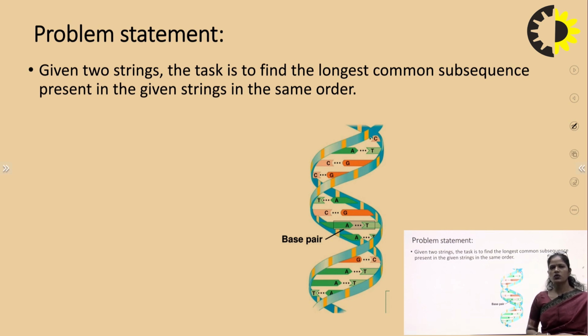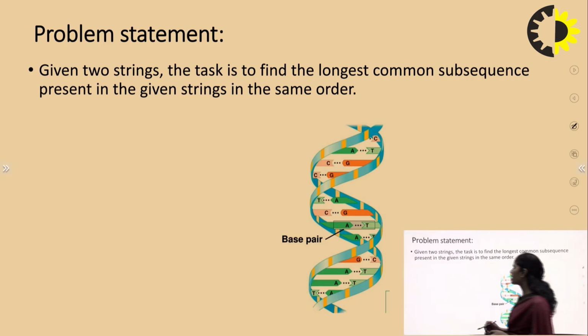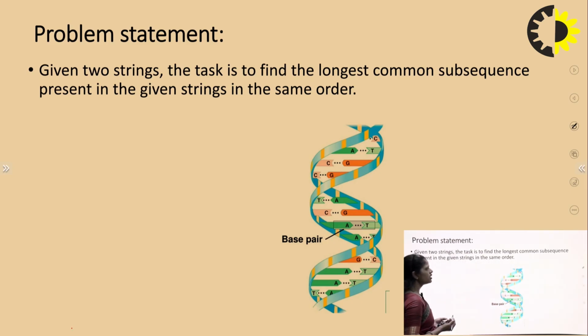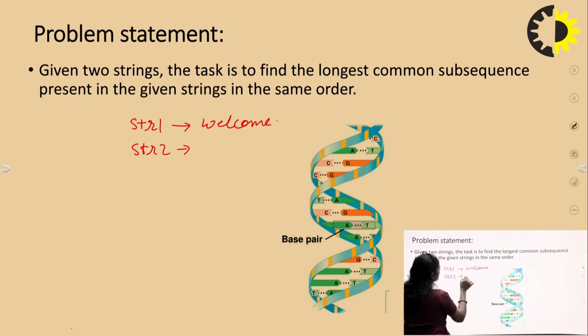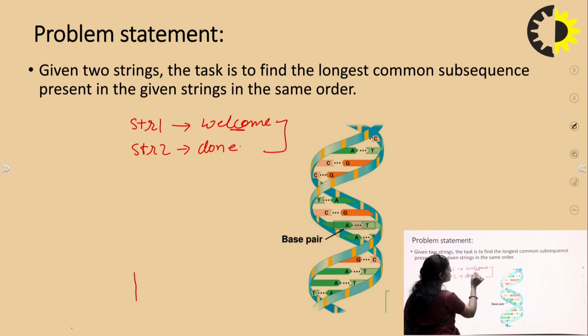Suppose we have two strings, and you have to find out the common subsequences. Let's suppose string 1 is welcome, and string 2 is done. In both strings we have to find the common subsequences, which means those available in string 1 as well as in string 2.